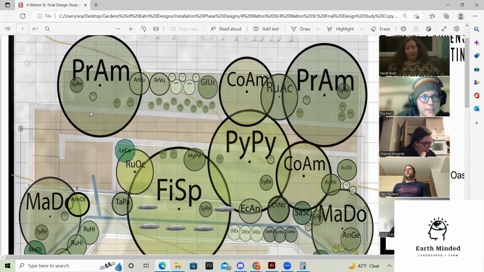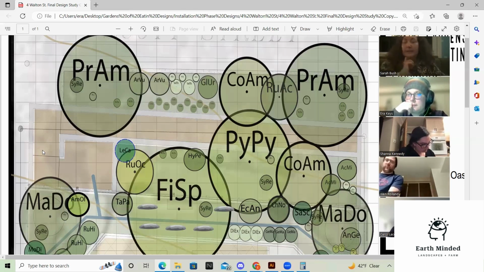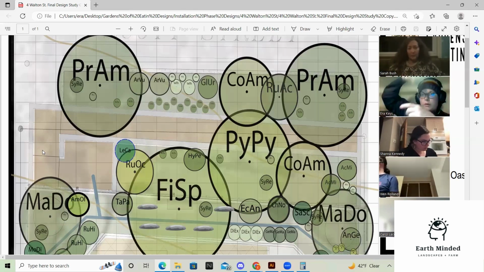And then these terraces right here and these steps and the terraces here are all made of locally milled cedar. So it's Eastern cedar. That's raw, it's untreated, and it's from a local mill. Is it held in place with rebar? So we drilled holes into there, and then we put rebar through it into the ground.